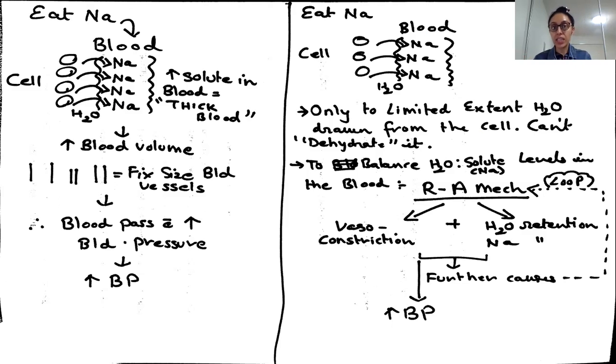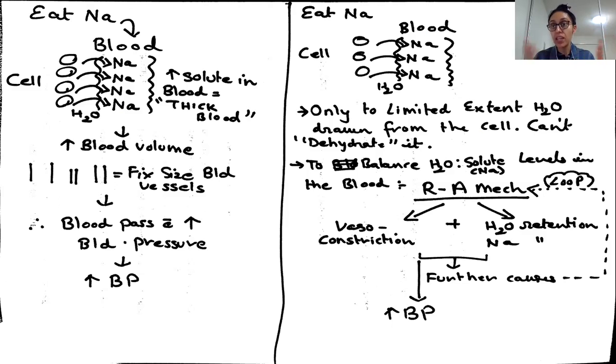Now the second thing which follows is that, yes, we have eaten a lot of sodium, chips and crisps and whatnot. So you have water which is drawn into your blood vessels. But remember, you cannot kill your cells. You can only draw so much water from your cells into your blood vessels. You cannot dehydrate your cells.